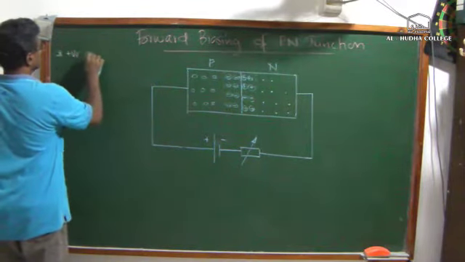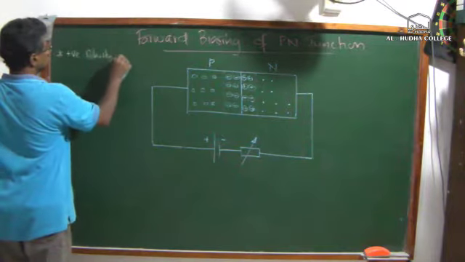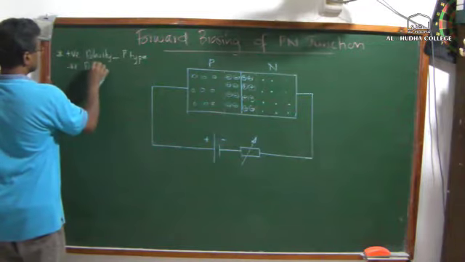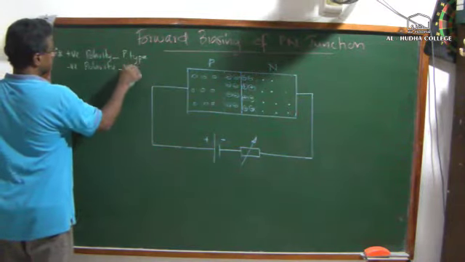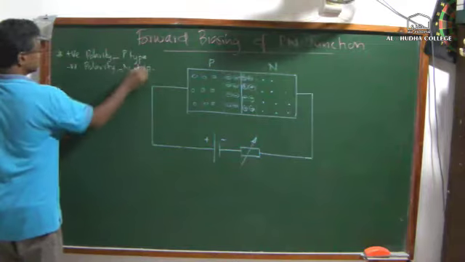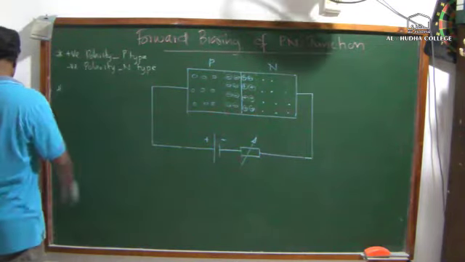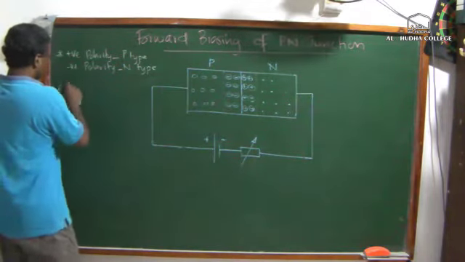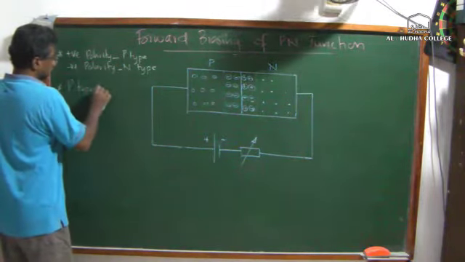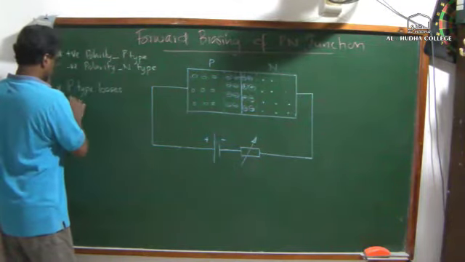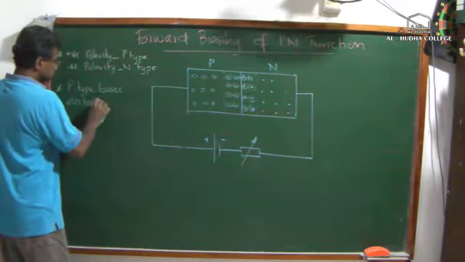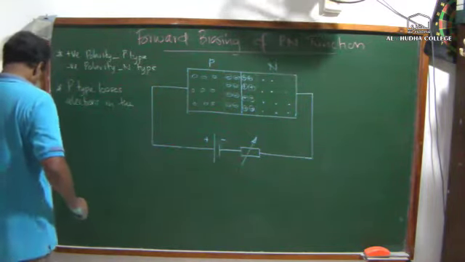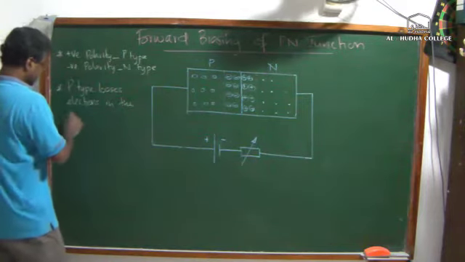Positive polarity to p-type, negative polarity to n-type. P-type loses electrons in the depletion region.